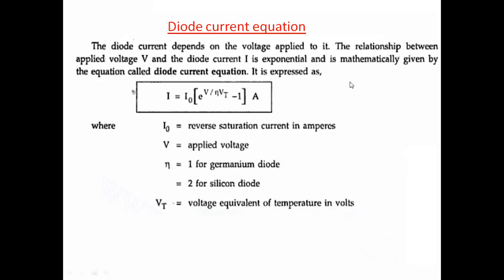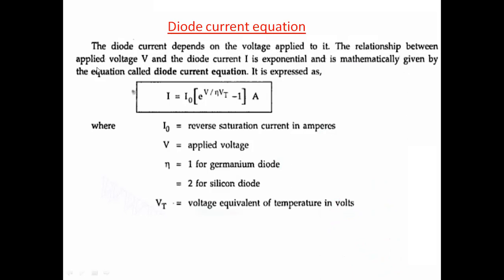The next one is the diode current equation. This diode current equation depends on the applied voltage. The current through the diode depends upon the amount of voltage we are applying, in forward bias and reverse bias.